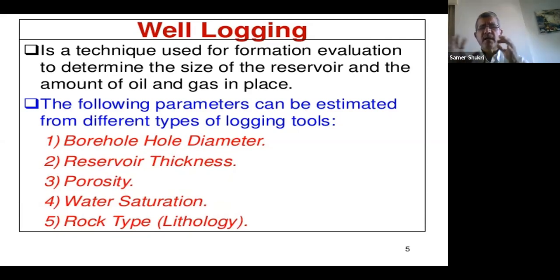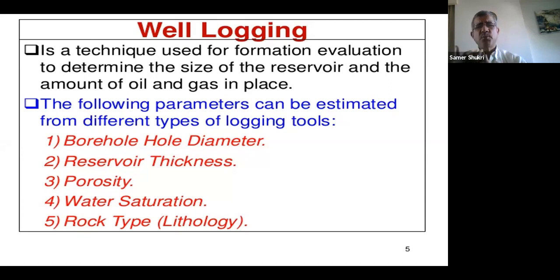This is the work of reservoir engineering, to determine the size of the reservoir. This is the dimension and the amount of oil and gas in place, and how to produce them for the future during 10 years, 20 years, 30 years. This is done by the reservoir engineer. The following parameters can be estimated from different types of logging tools.